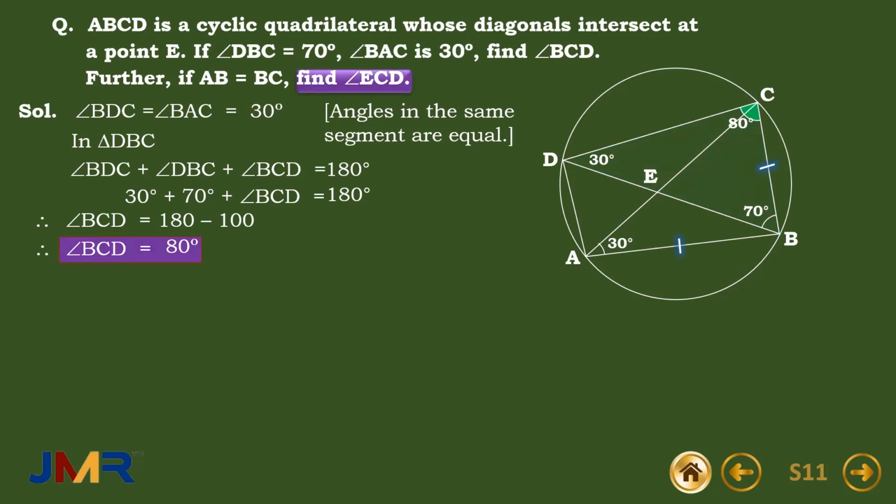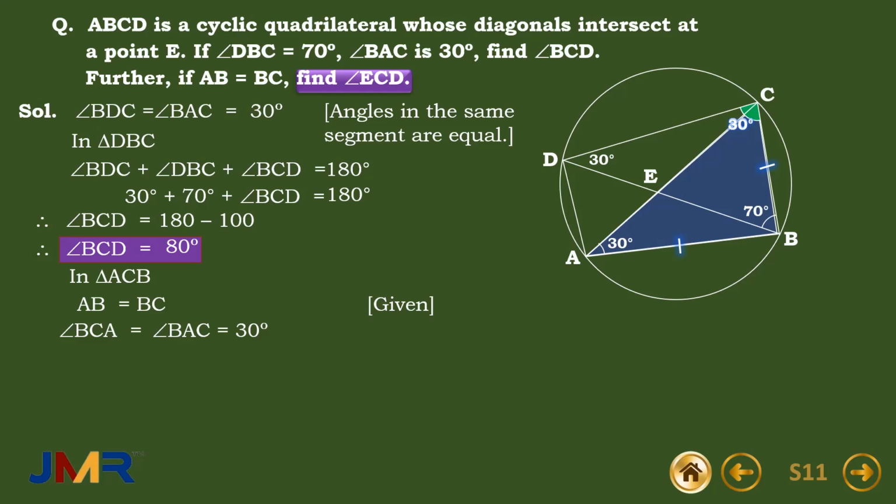Then you have to find angle ECD. How can you find angle ECD? For that purpose, he has given that AB is equal to BC. If AB is equal to BC, then ABC will become an isosceles triangle. If ABC is an isosceles triangle, base angles are equal.